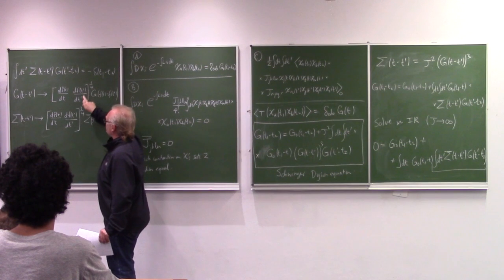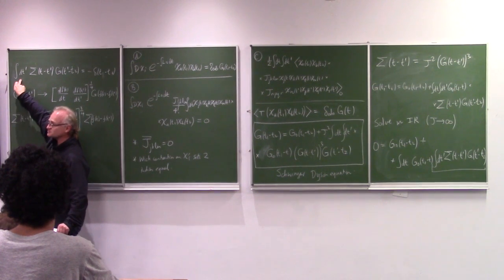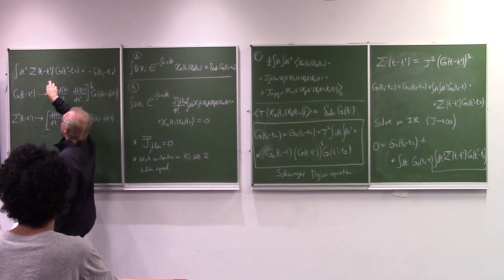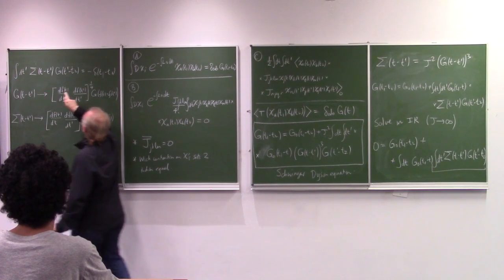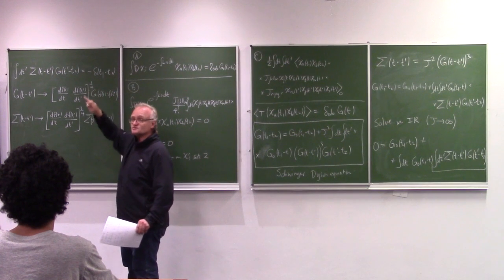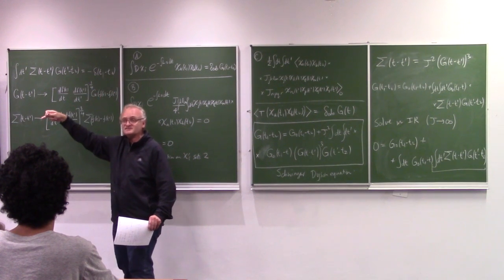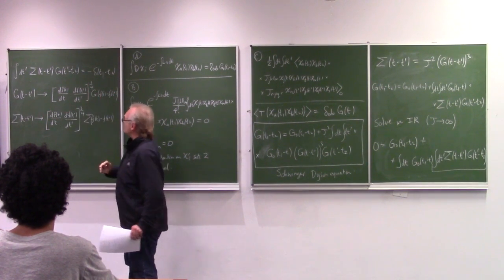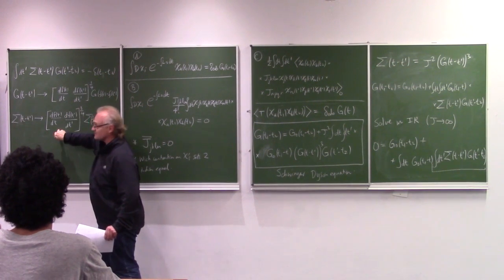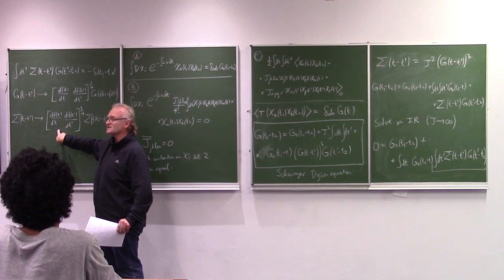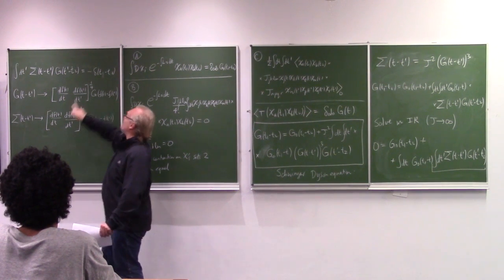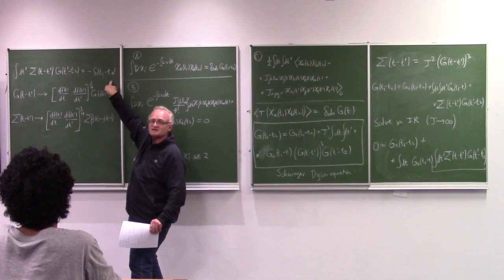But the df dt prime will change the dt prime into a df prime. So you will end up getting a delta function on now not t1 minus t2, but f of t minus f of t2. But that will be multiplied by df dt. And you can check that that is precisely the factor that you need to convert the delta function back into a delta of t minus t2.